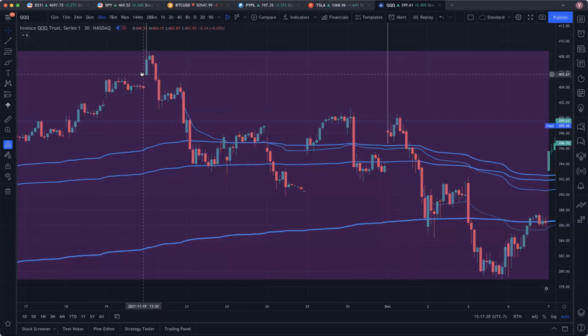Okay, this is a better example because we've got this opening 30-minute bar here on November 22nd. It pokes up and then descends back into that opening 30-minute range and then descends below it. So you would sell below that as price descends below there.